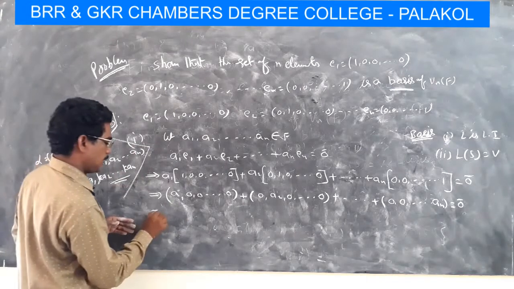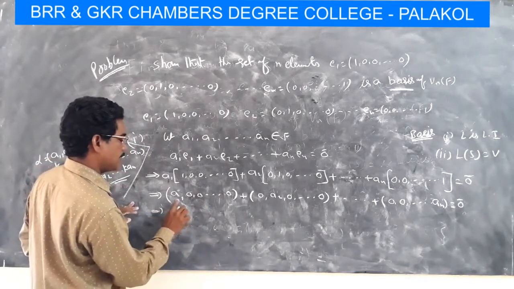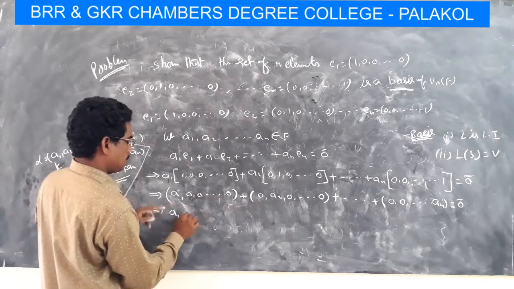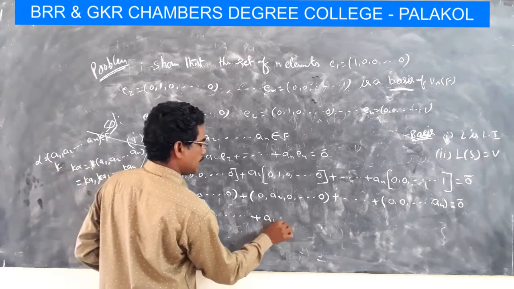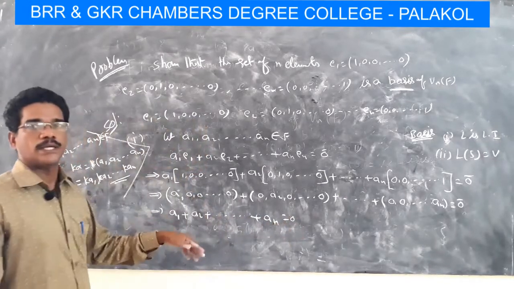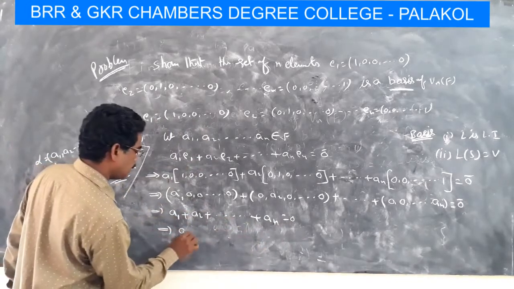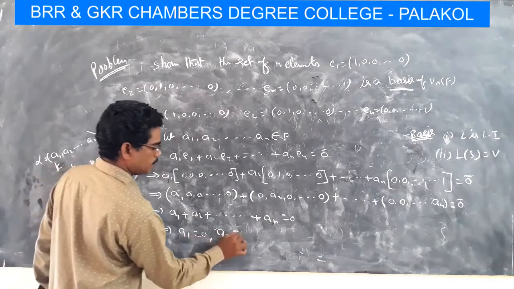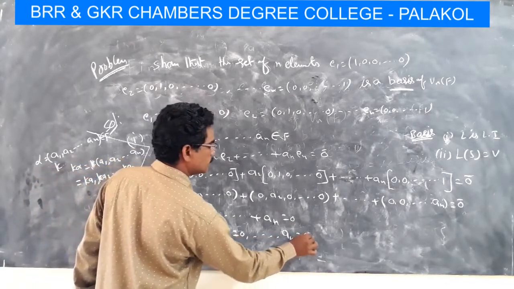Now, addition of two vectors means adding the corresponding elements: (a1, a2, up to so on an) equal to 0. Then here a1 equal to 0, a2 equal to 0 and so on an equal to 0.